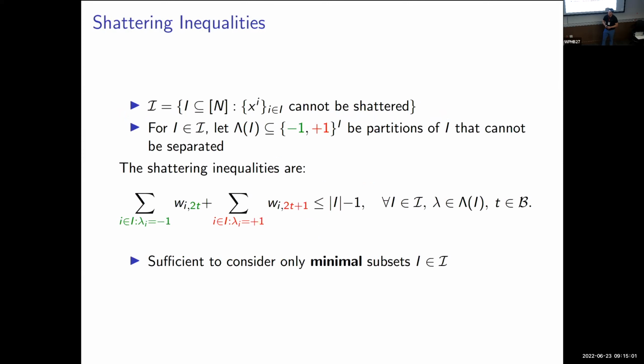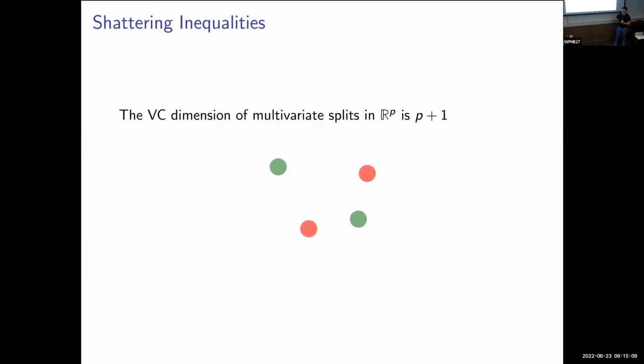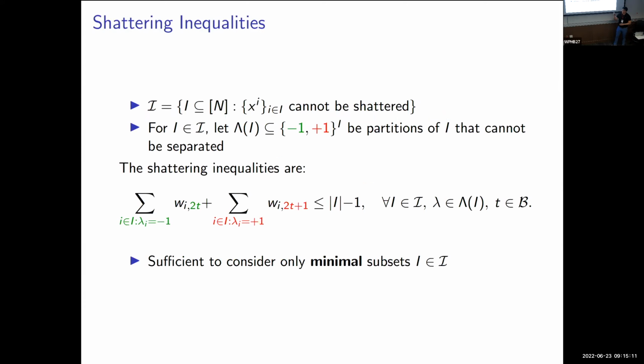But how this applies to us is, I'm really bad at explaining math, so I'm just going to hope the colors and these pictures sort of explain what I'm talking about. Basically, the shattering inequalities are these inequalities right here. Basically, what we're saying with a single shattering inequality is that I have a set of points going left and a set of points going right at a branch node.